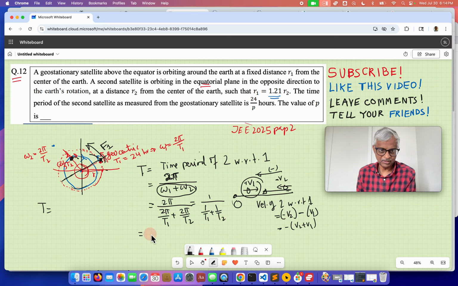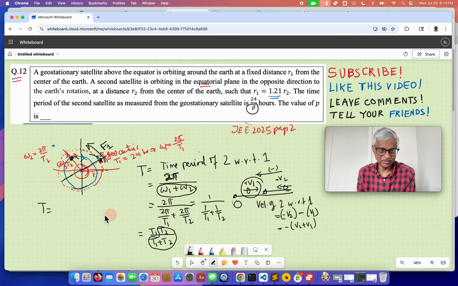So it's going to be T1 T2 over T1 plus T2. The inverse of that is p.